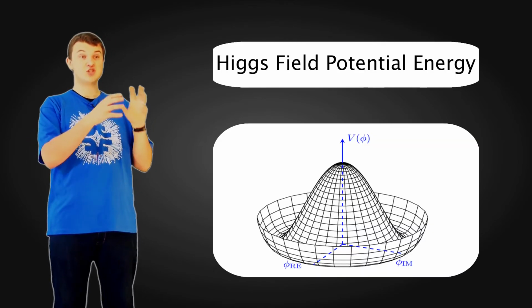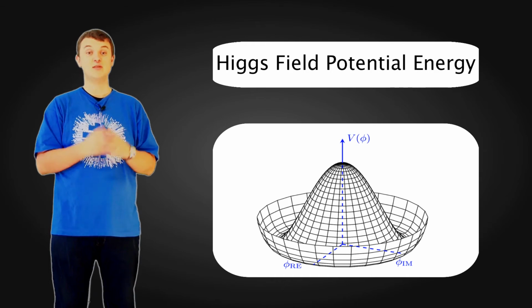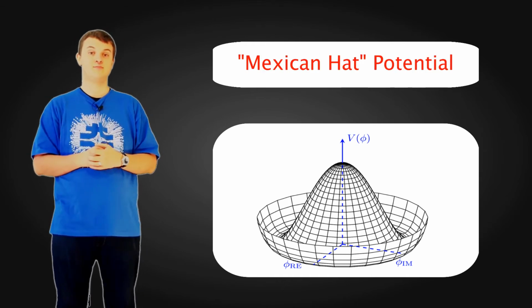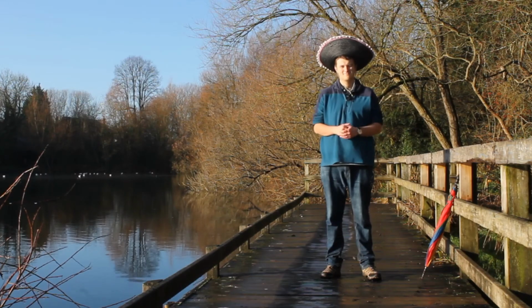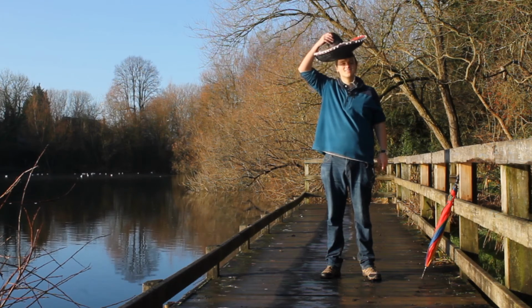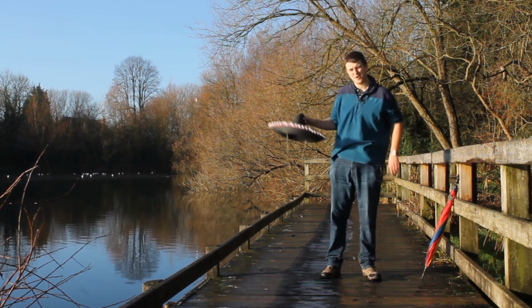Remember how we said that we needed equations that are symmetric, but results where that symmetry is broken? Well, to see how this works in the Higgs mechanism, let's look at the potential energy of the Higgs field. Now, from its shape, it gets its nickname, which is the Mexican hat potential. And that's why I'm wearing this sombrero in such a ridiculous environment.